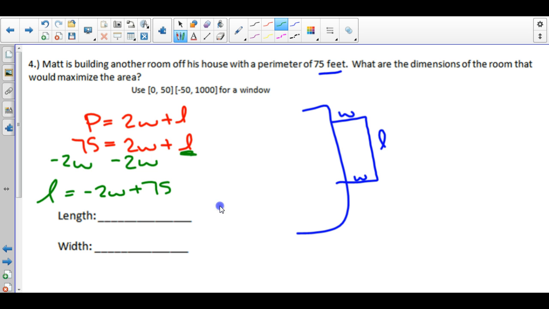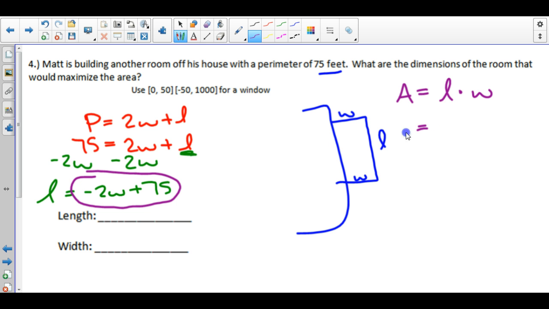To do the other part, we need to figure out the area calculation. So I'm going to use the area formula, which you guys know is area equals length times width. And now I'm just going to substitute this quantity of negative 2W plus 75 for L. So I have negative 2W plus 75, and I'm going to multiply that by W. So we're going to use the distributive property here, and that'll give me my area in standard form.